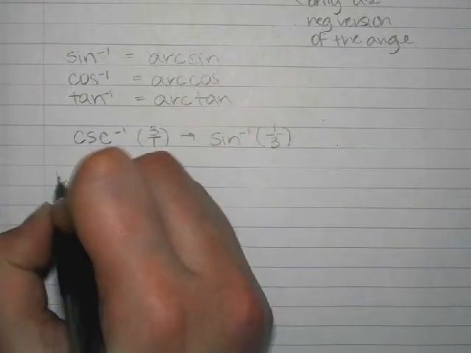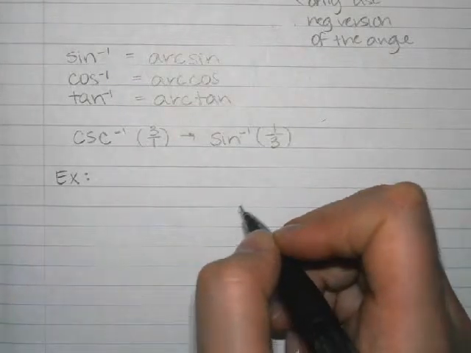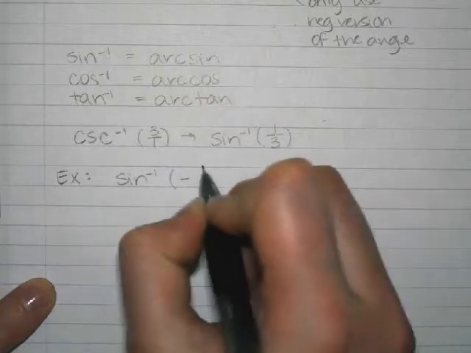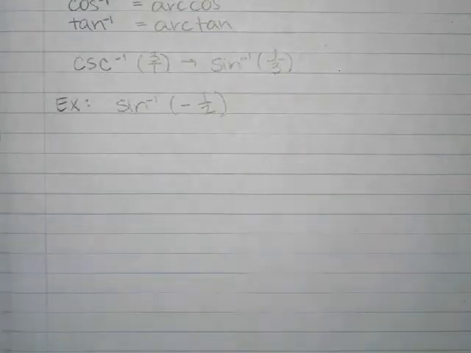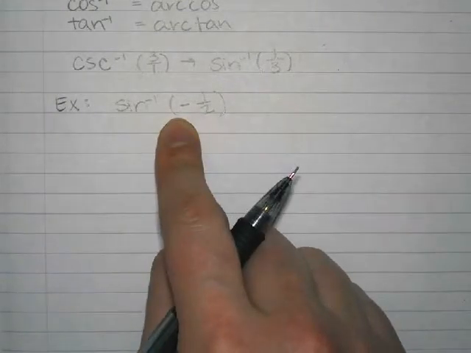All right, so we're going to do a couple of examples. We're going to do sine inverse of -1/2. So what this is saying is we're going to take our unit circle out, and we are only going to look at quadrants 1 and 4, and we are going to try to locate the angle where the y-coordinate is -1/2.